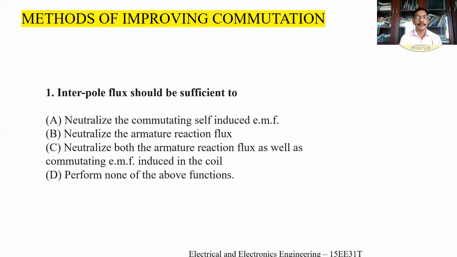Option B, neutralize the armature reaction flux. Option C, neutralize both the armature reaction flux as well as commutating EMF induced in the coil. Option D, perform none of the above functions. So carefully observe the options and select the correct option.